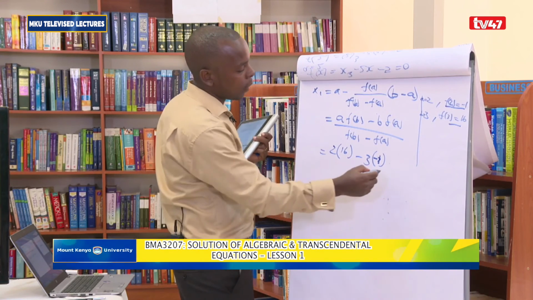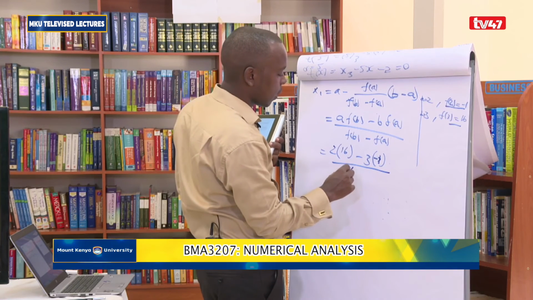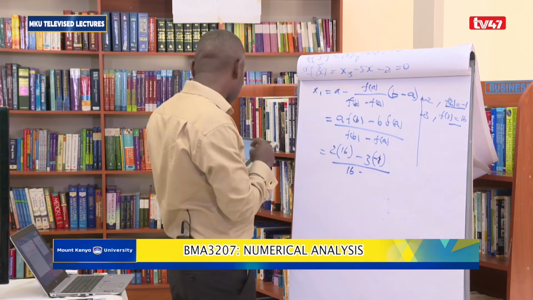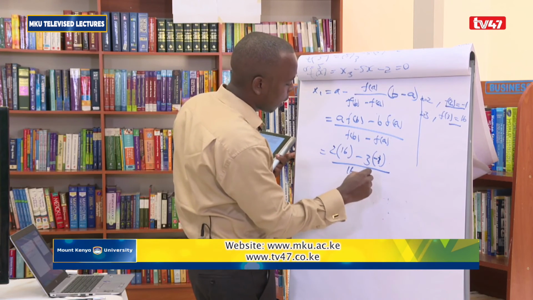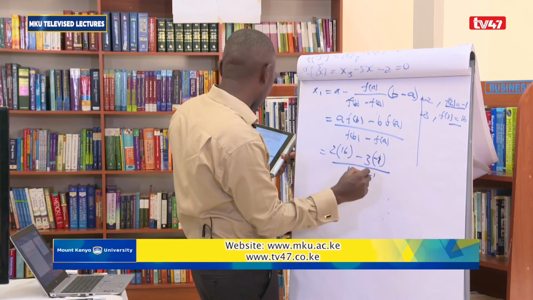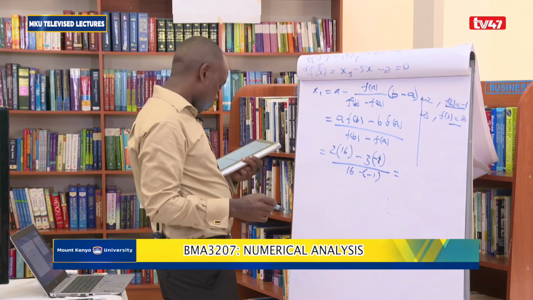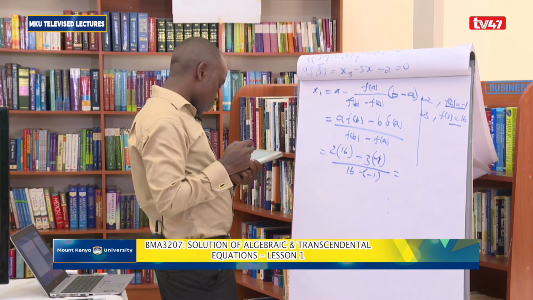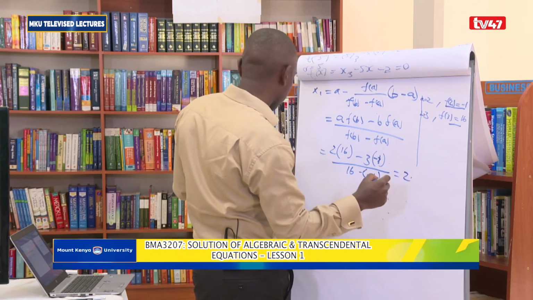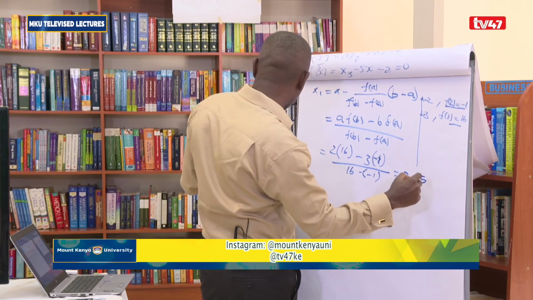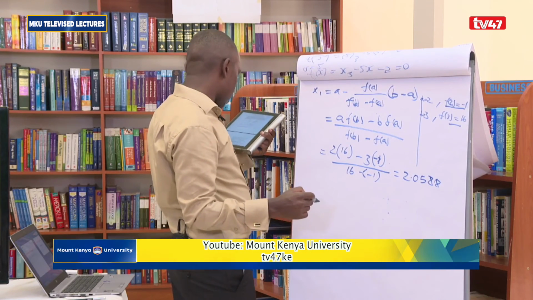Then we have this all over f of B minus f of A, 16 minus -1. So our first approximation would be 2.0588235.